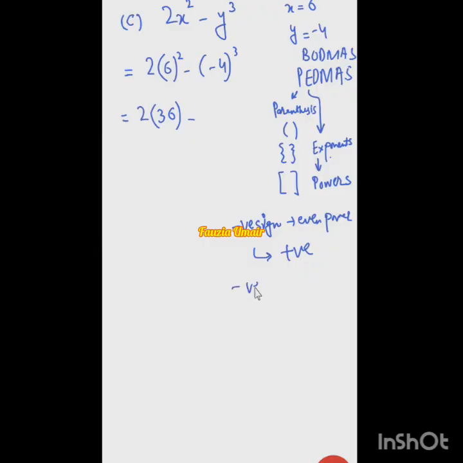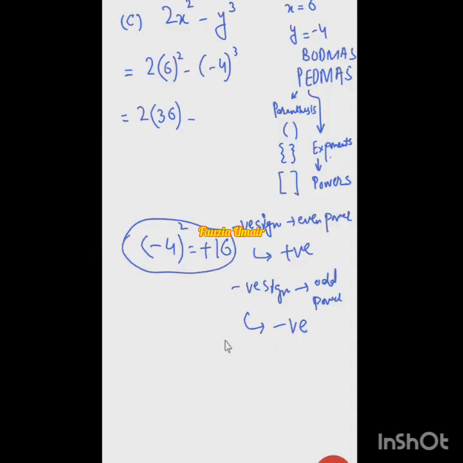If there is a negative sign and the power is odd, then the sign is negative. Like for example, if I write down here, let's say minus 4 square. This is a negative sign but even power, so the answer will be plus. And 4 square is 16. What is the answer? 16. Are you getting this?